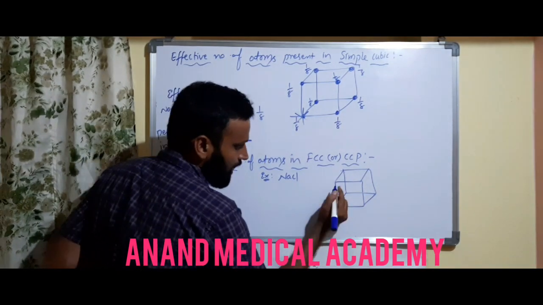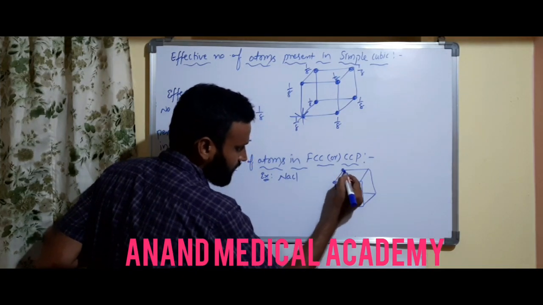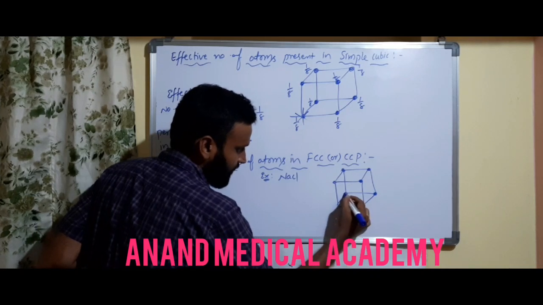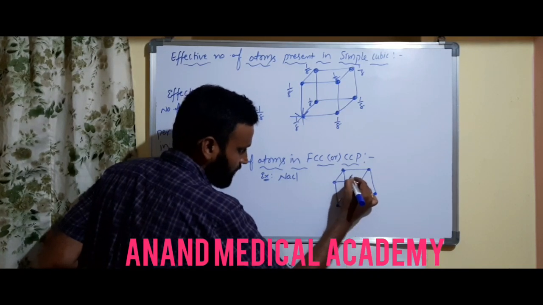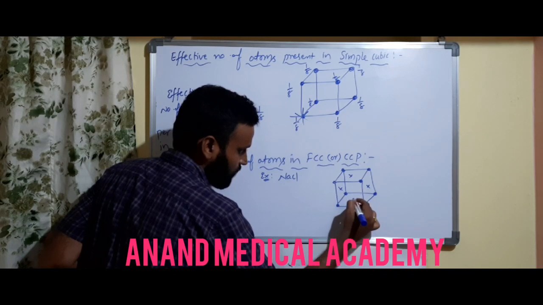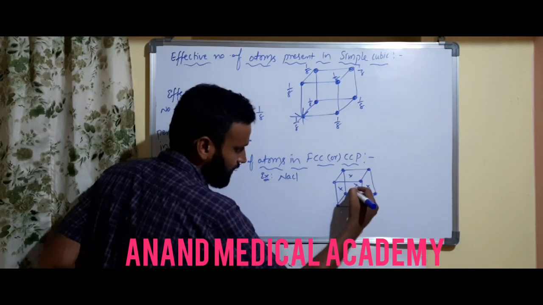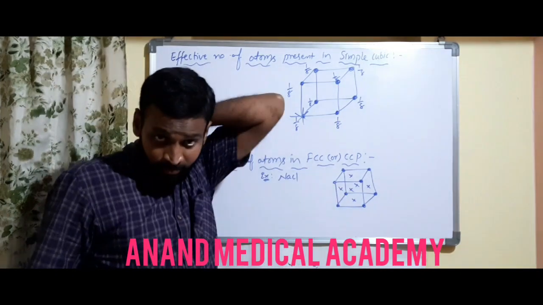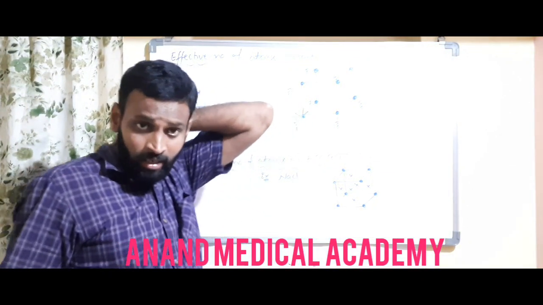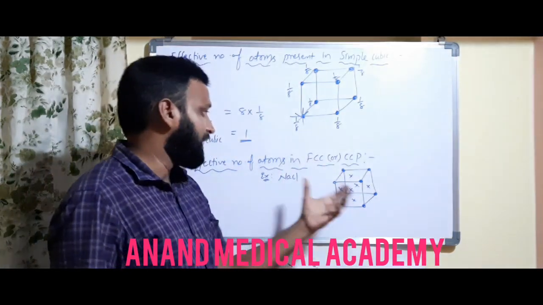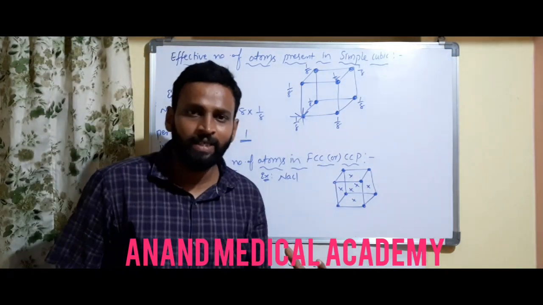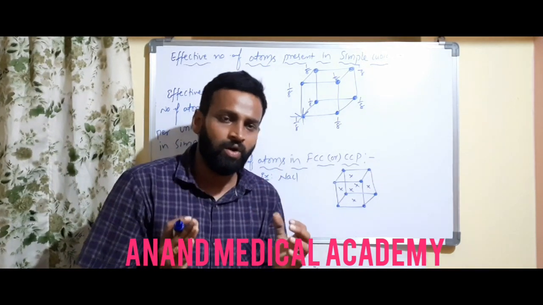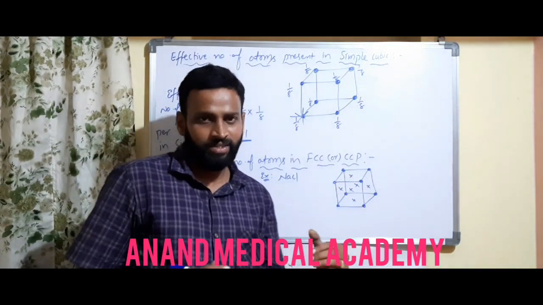So this is a cube and here you have atoms at face centers, meaning you have atoms at all corners as well as 6 faces. So you will have atoms at 6 faces like this, 1, 2, 3, 4 and 5 back side and 6 front side. So total how many face center atoms do you have? 6. How many corners? 8. So in FCC, atoms or ions are present at all corners as well as all faces.